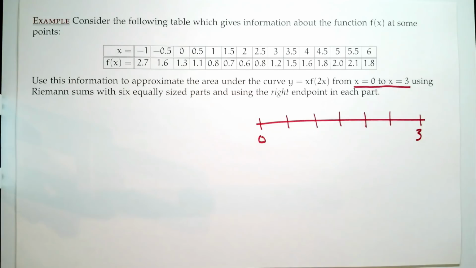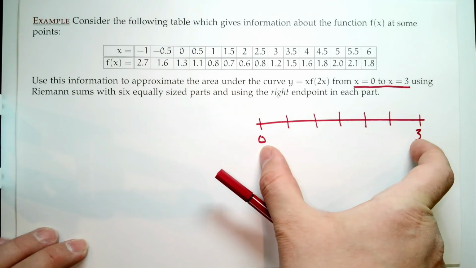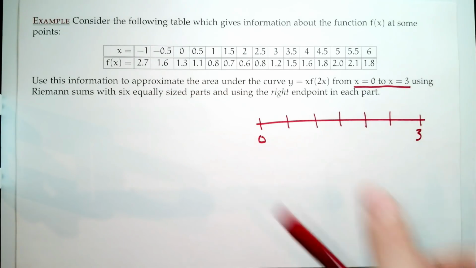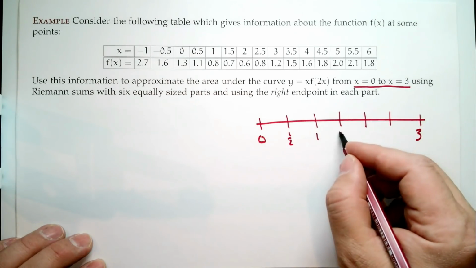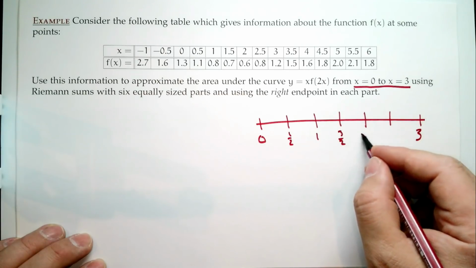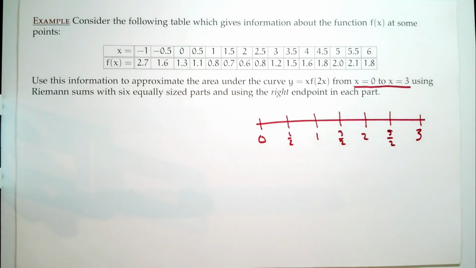Now, once you know it's 6 equal parts, it's not hard to figure out what the widths are. Because you're going from 0 to 3, and so that's a length 3. Divide 3 by 6 is a half, which means that we're going up in step sizes of a half. So we have a half, 1, 3 halves, 2, 5 halves, 3. So those are our points.